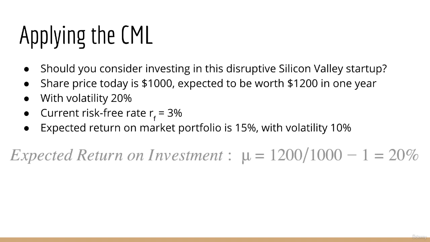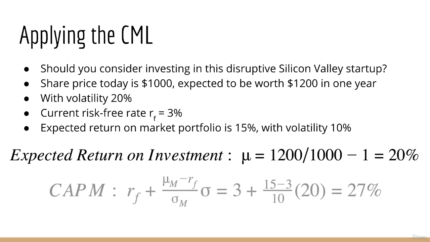We can calculate the expected return of the investment as 1,200 divided by 1,000 minus 1, which is 20%. But according to the CAPM, if we take on a risk level of 20%, we should expect the return to be 3% plus (15 minus 3) over 10 times 20%, which is equal to 27%.